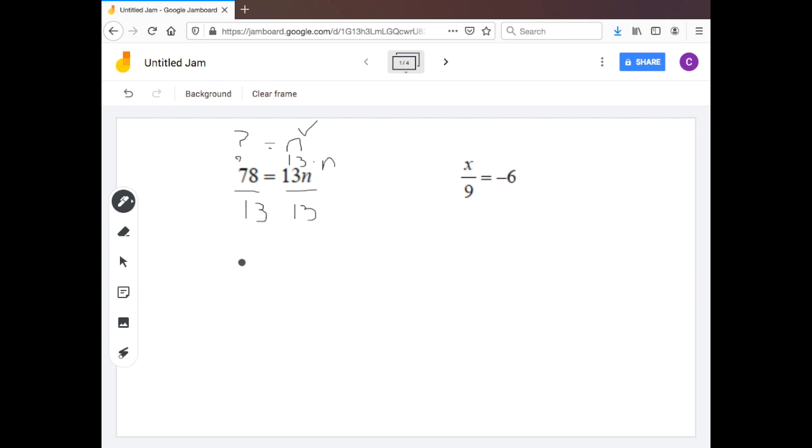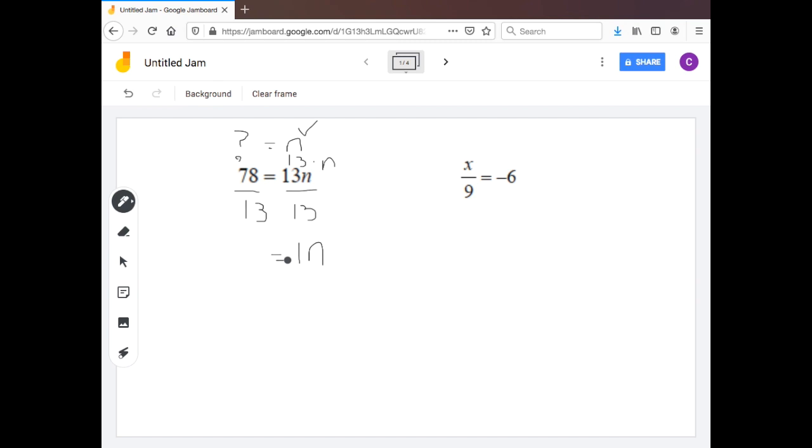So then you have a math problem. The math problem is 78 divided by 13, and on the other side, 13 divided by 13 is just going to be 1n, or you could just write n. It'll be equal to 78 divided by 13. That part will be easy.